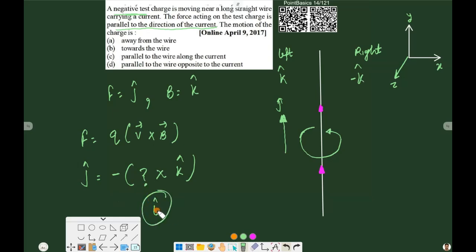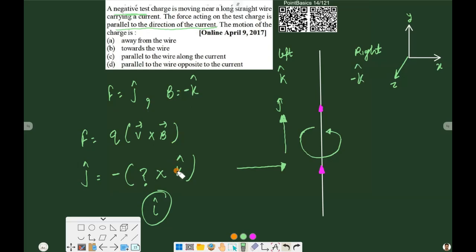Hence the particle is moving in the positive x direction, moving something like this, and from this we can say the particle is moving towards the wire. This is for the left side. Now let's consider the right side. For the right side, again the force is in j and the magnetic field is now in minus k.